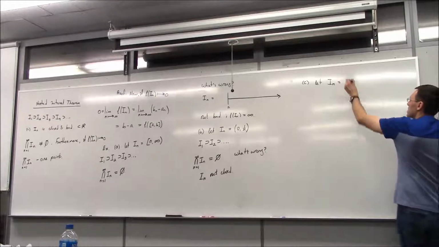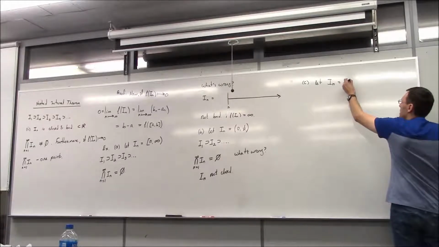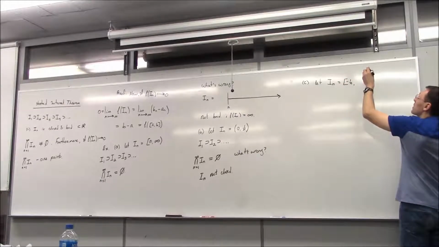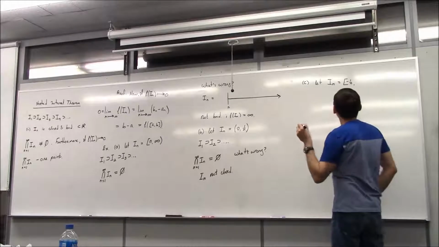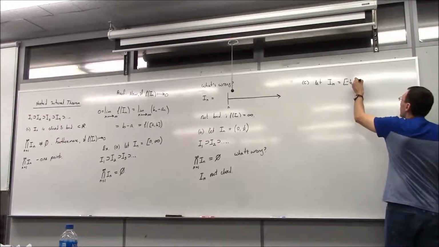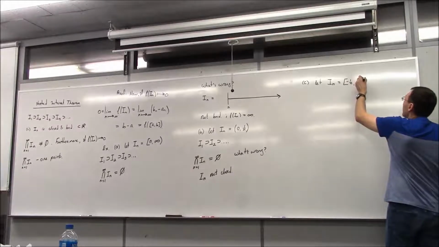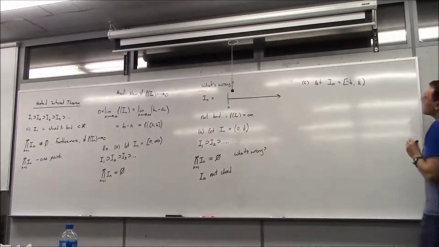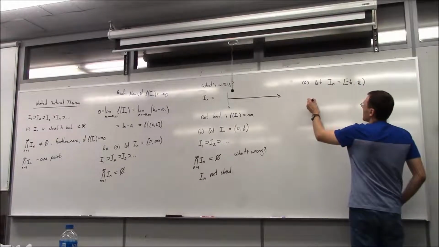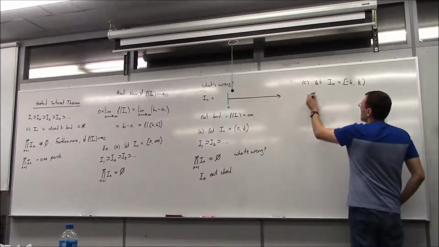So maybe it's something like this: from minus 1 over n to 1 over n. So what is the intersection? 0.